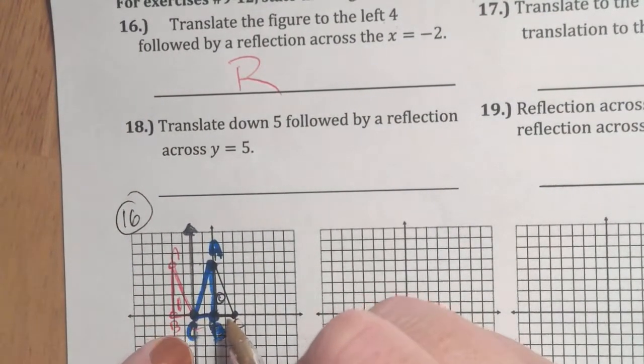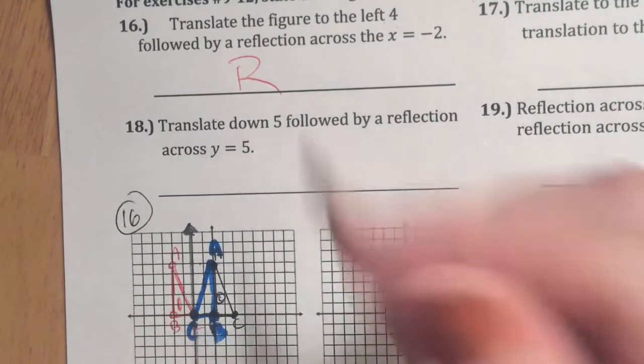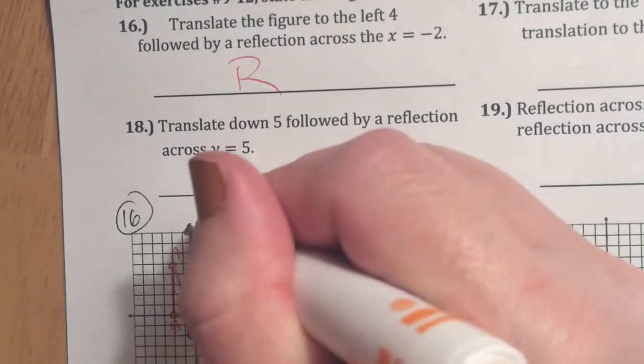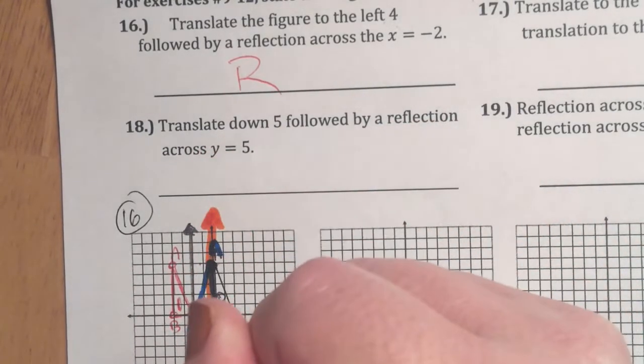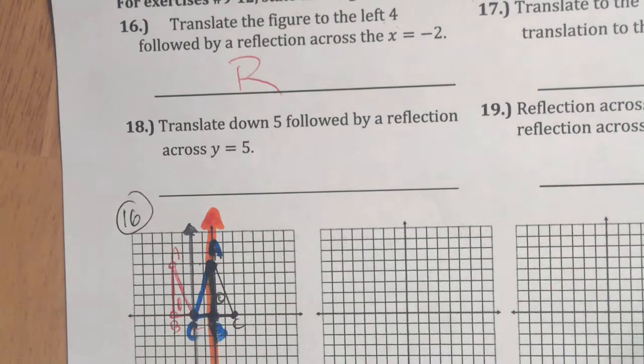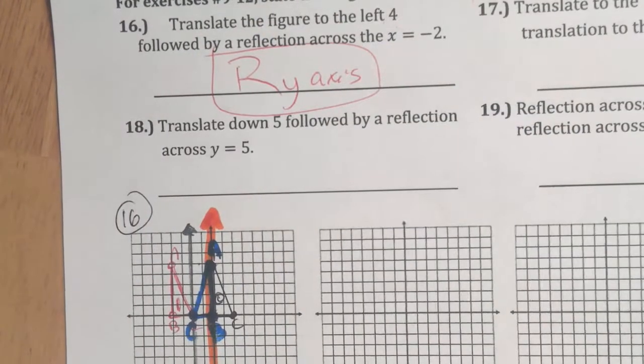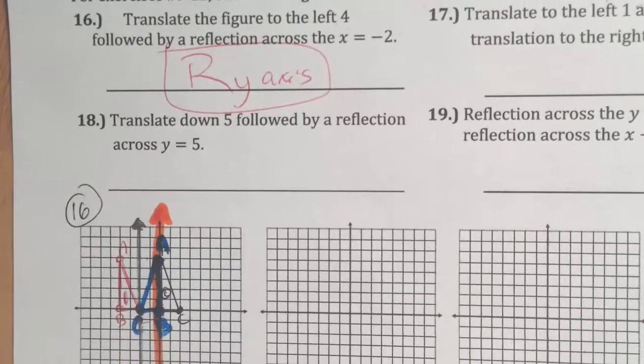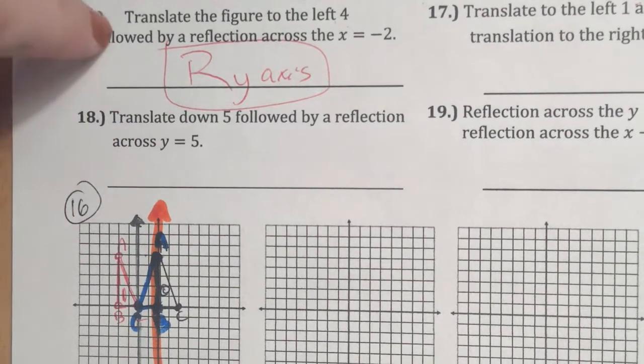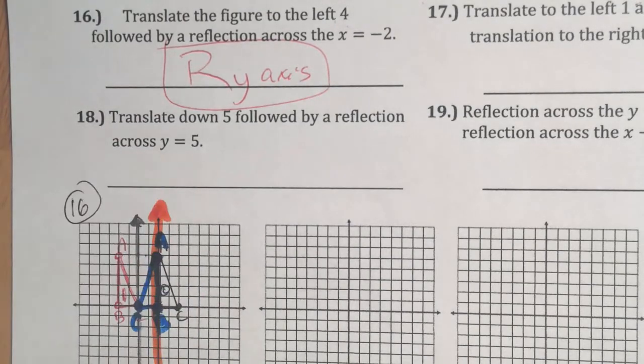What's smack dab in the center of the C's, the B's, and the A's? This line right here. What's the name of that line? That's the y-axis. There's your answer. So I just drew some random triangle, did what it told me to do to it, and then I answered the question.